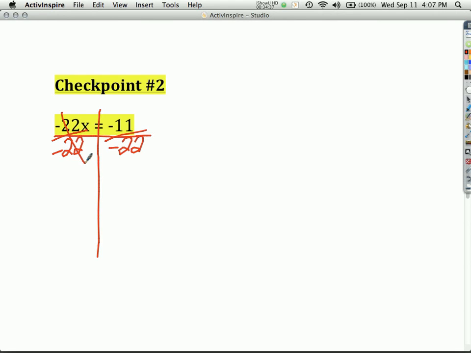This will cancel. This is a negative, this is a negative. Negative divided by negative is a positive. 11 divided by 22 is 0.5, or if you just simplify it as 1/2, that's even better. Comments, questions? All my students who said negative 1/2, do you see the mistake you made?